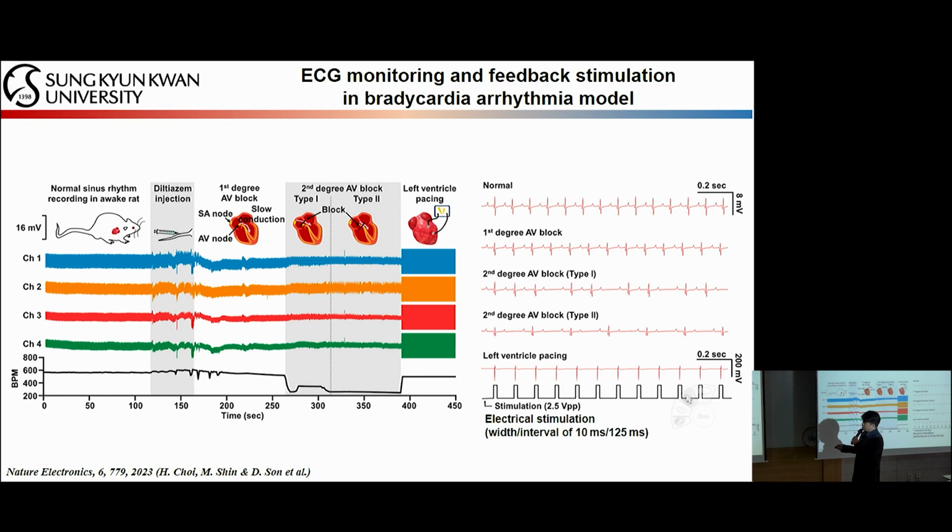And we can find some specific ECG patterns ranging from first to second AV blocks. And also the irregular ECG patterns were synchronized to each electrical pacing. So these 2 types of cardiac disease were all fully resolved by our epicardial patch.